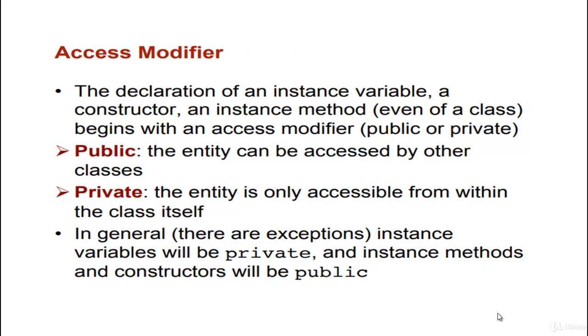Access modifier. The declaration of an instance variable, a constructor, an instance method, or even a class begins with the access modifier, public or private. Public means the entity can be accessed by other classes.